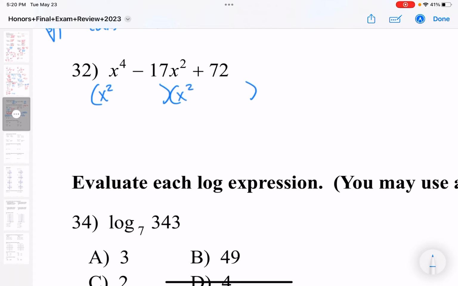All right. Now I've got to find 2 numbers that multiply to equal 72 and add to equal -17. All right. So I'm going to think of all my factors of 72. You have 1 and 72.